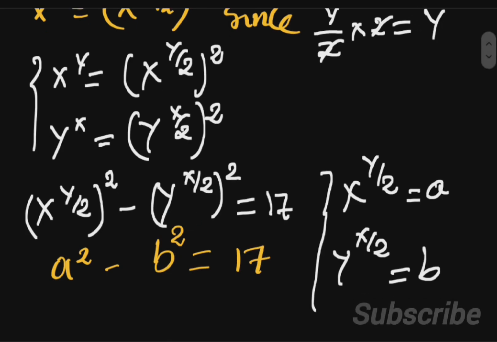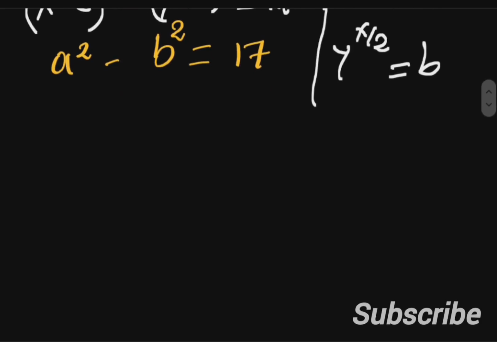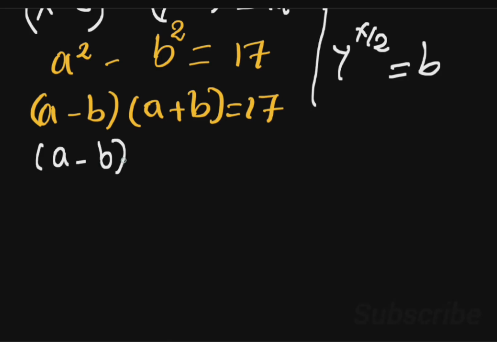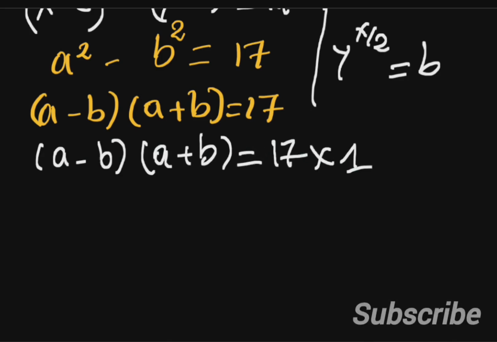Okay, at this level, using the binomial formula, the difference of two squares, we have a minus b multiplied by a plus b is equal to 17. We have a minus b multiplied by a plus b is equal to 17 times 1.